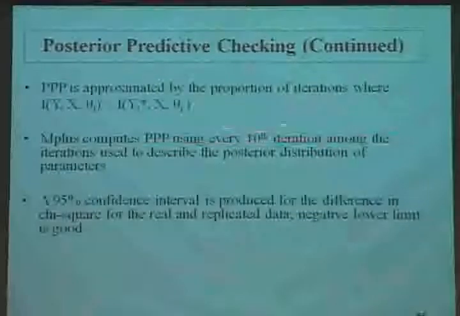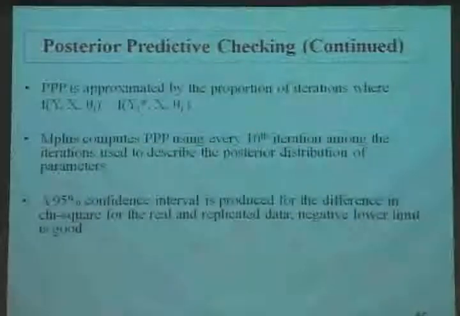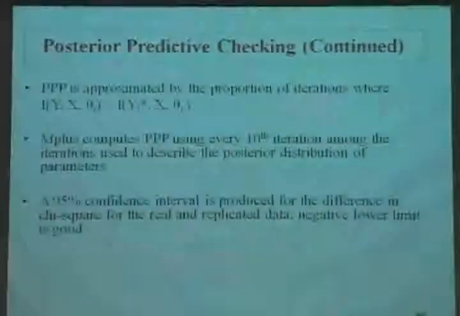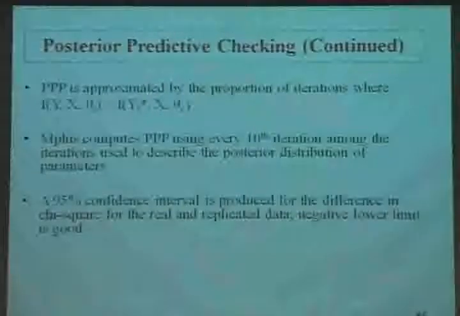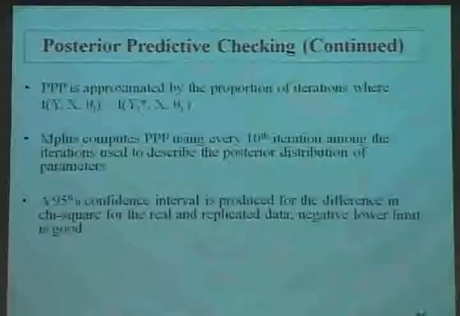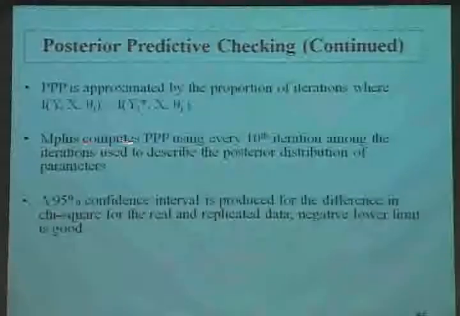In Mplus, this is computed every 10th iteration. That's just to save time because the computation becomes large. The other thing I need to say here is that this thing by itself and this thing by itself is not a chi-square distributed value. When you look at these values, which you can actually get, none of this is expected to be a chi-square value.